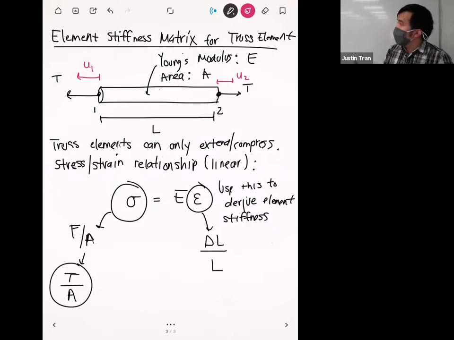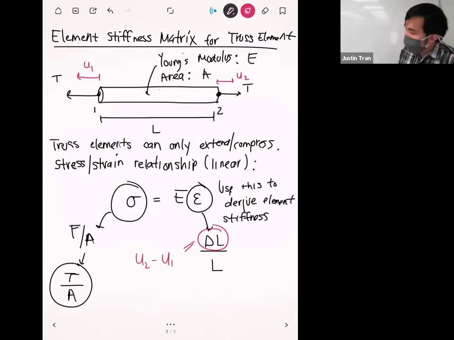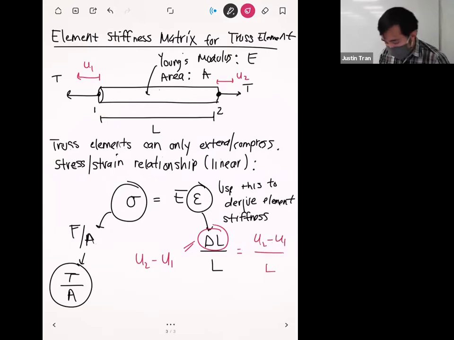And so since we know how the nodes at the ends of the bar displace, right? Then we can use those expressions to plug in for delta L right here, okay? And so for delta L, if we simply do U2 minus U1, then we get this entire strain expression equal to U2 minus U1 divided by L, okay?